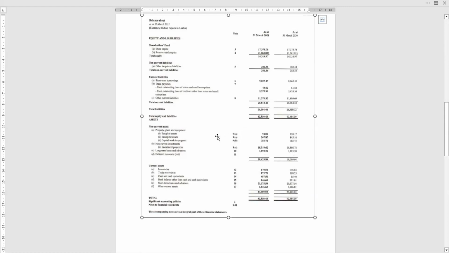If you see here in the balance sheet, assets held for sale. Equity, assets, property, tangible net investments, advances, deferred tax.